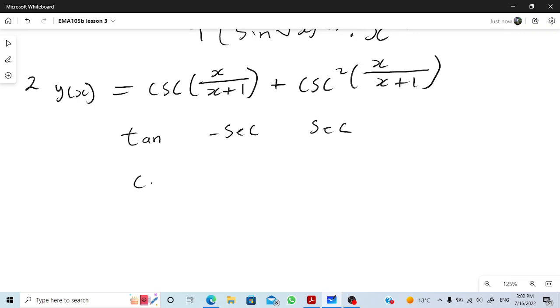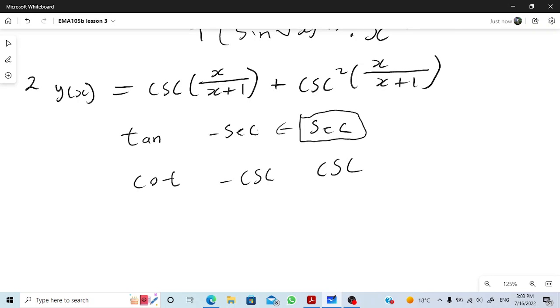Then I have my cot, my negative cosecant, and the cosecant. If I differentiate this, I'm going to get the product of the remaining ones. So if I differentiate tan, I'm going to get the product of tan and cosecant.